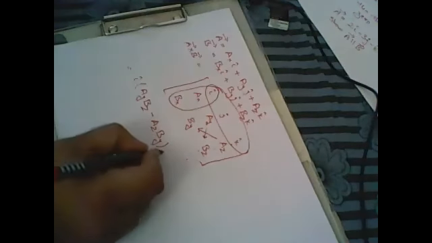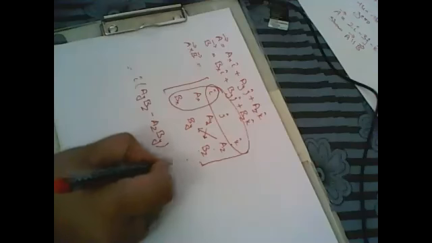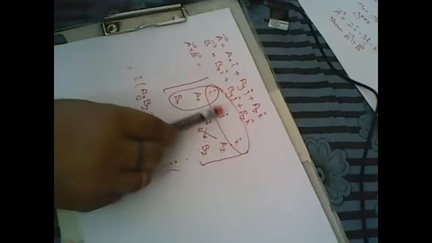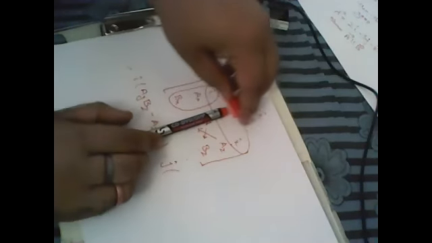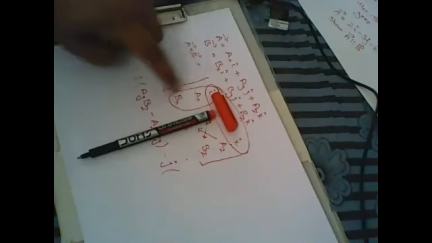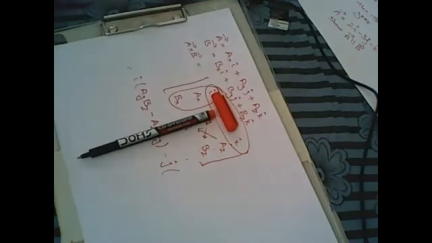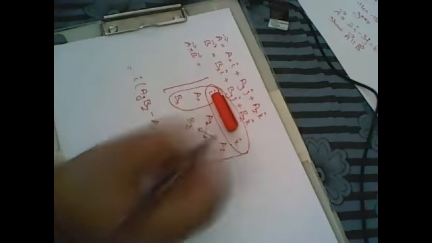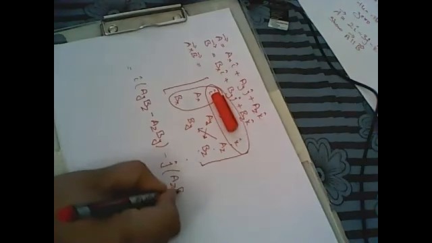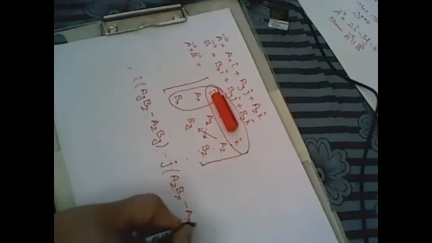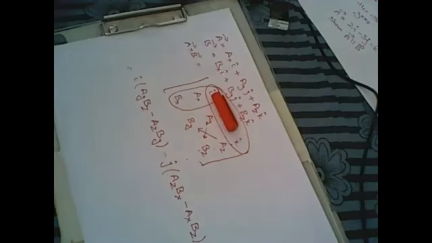For the next component j, we will put minus j cap with a bracket. While solving j, we again hide its row and column. Now these terms will be multiplied: ax, bx, az, and bz. So we will have az bx minus ax bz.